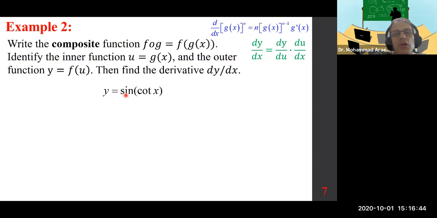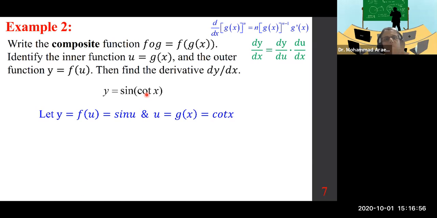And your inner function, so this is sine of u, where u or g of x is cotangent x. I hope you see that. Sine of the inner function u, and then sine is the shell.